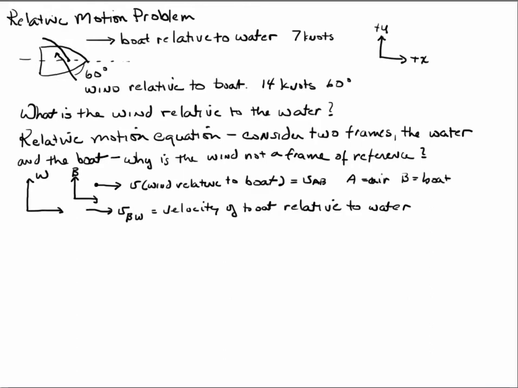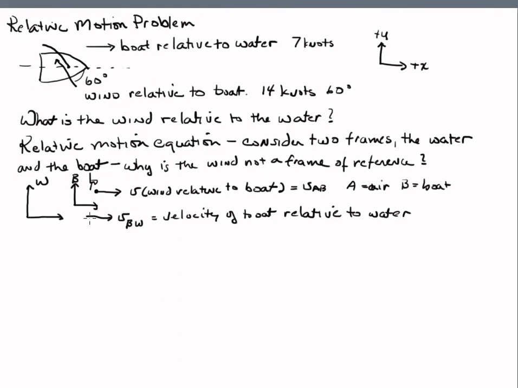So let's consider one dimension just for a minute here to try to get our minds wrapped around how to think about relative motion. We consider the wind as the particle here, this particle P, okay?